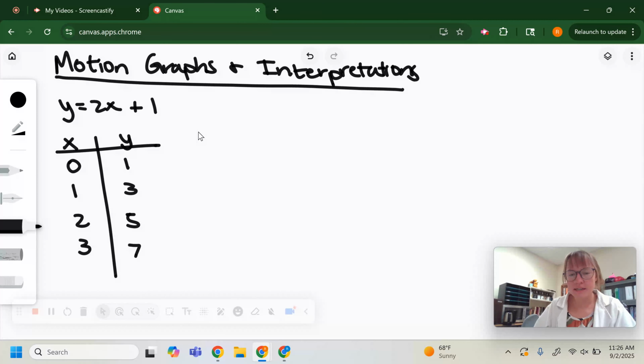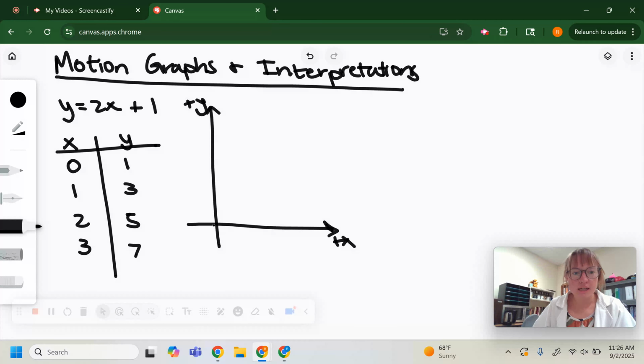And when you create a graph, you would say, okay, here's my y-axis, and here is my x-axis. Right here, this is my y-axis going this way. You would say this is my x-axis going this way. And you would plot each of your points. You'd say, okay, 0 is at 1, and if I have 1x, that's 3y, and you'd go up here like this.